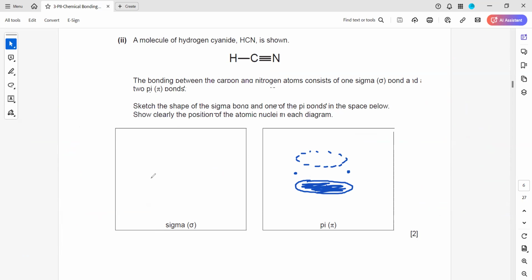And how do we represent the sigma bond? In this manner, or if you want to show the overlapping of the orbitals, you can represent it in this manner. It's the same thing, no difference between the two diagrams. Is it clear?